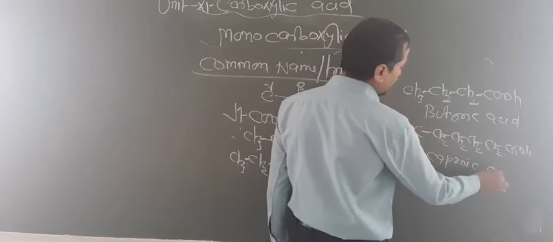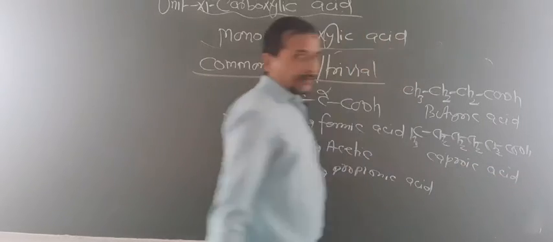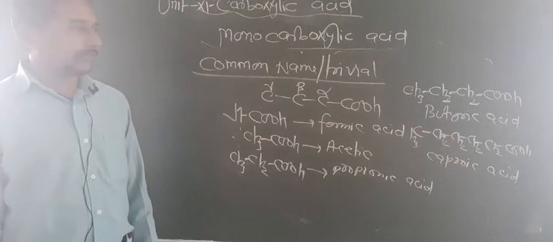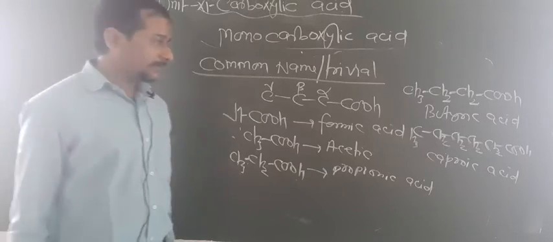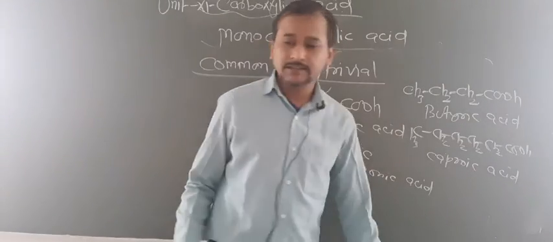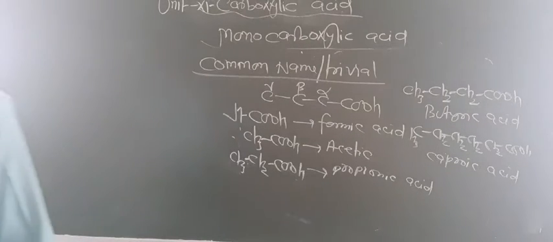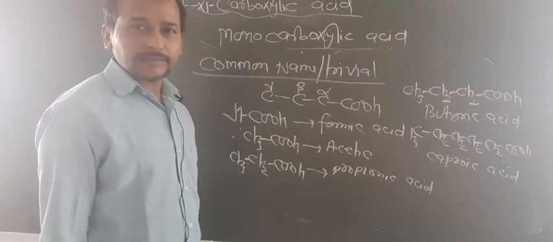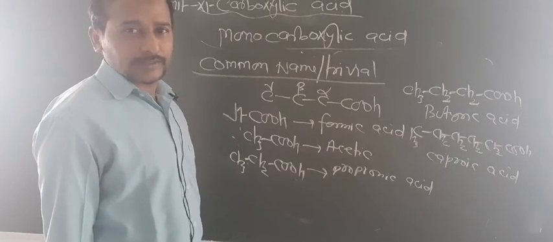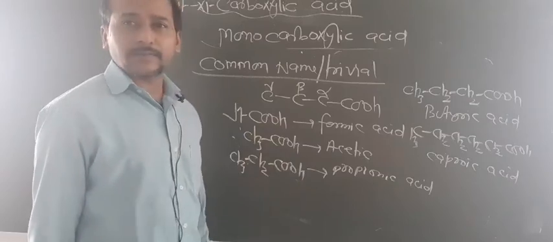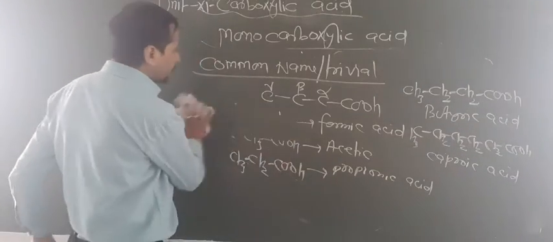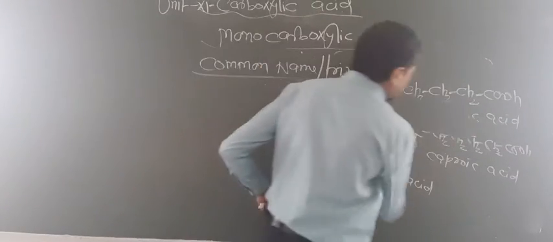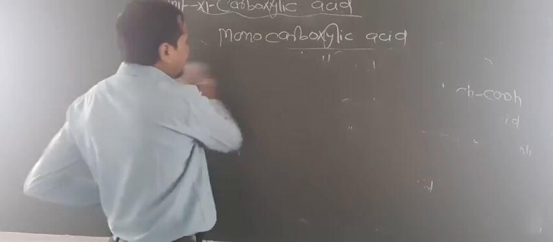This acid got its name from goat milk. In the Latin word, goat means caper. So this acid is basically present in goat milk, and that's why this is known as caproic acid. So till here you have to know the common names, which are very important from an examination point of view. These all belong to the common names.